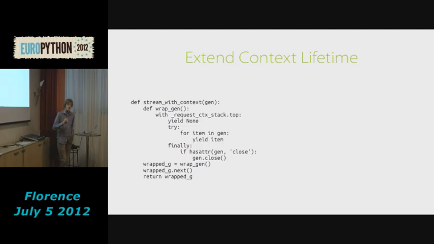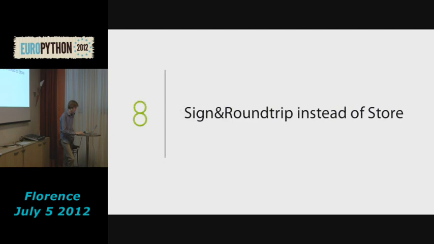So if you start streaming this whole thing, and after 10 megabytes of data you want to access the request object, it would be gone if you're not using this function. But you don't have to type this because this already exists within Flask. But if you want to use an older version, you probably want to copy this one.